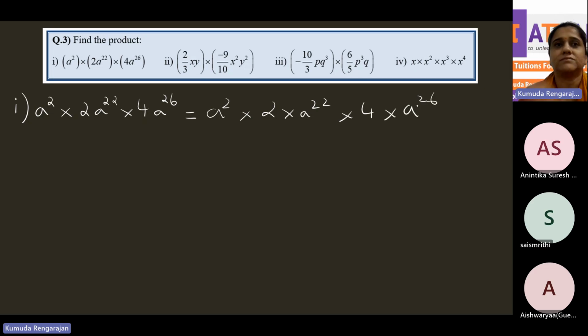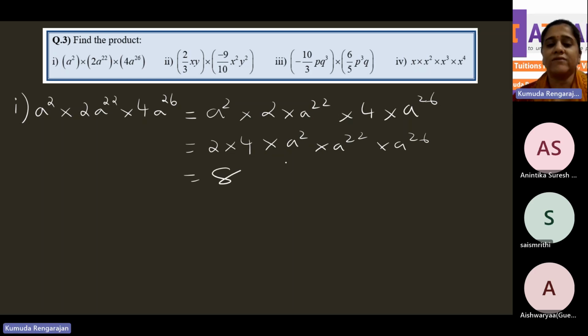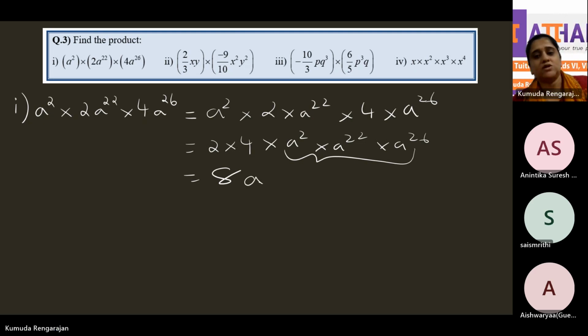This is the meaning. Now, in this further, you can write 2 and 4 first, and then write a square, a to the power 22 and a to the power 26. Now this is further 2 into 4, 8. And when you multiply all these three, you will get a to the power 26 plus 22, 48, plus 250. That's all.